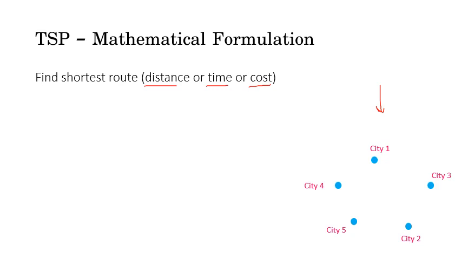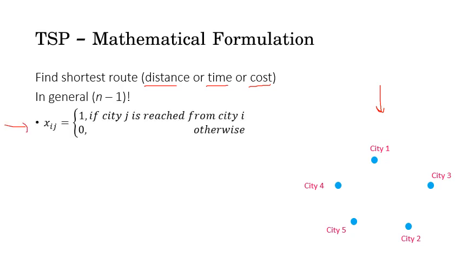Okay, so let us introduce a variable xij, and xij is a binary variable that can hold only two values, 1 and 0. So xij is 1 if city j is reached from city i and is 0 if that is not the case.